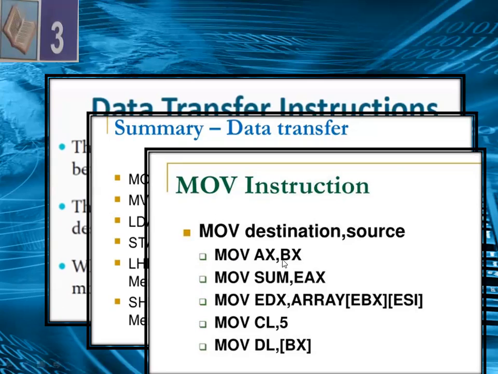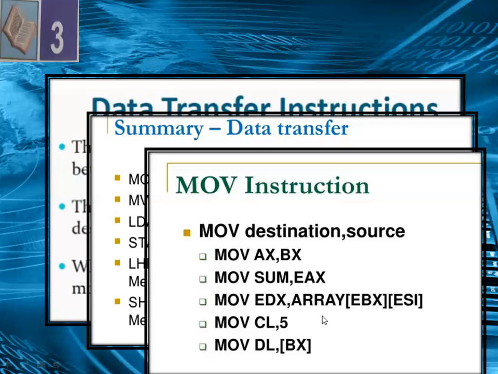Now here we have register names, AX and BX. This is your operation: move data from source to destination, from BX to AX. Your data will move from one register to another register. Then MOV some, EAX, which will store your data from a register to a memory location.